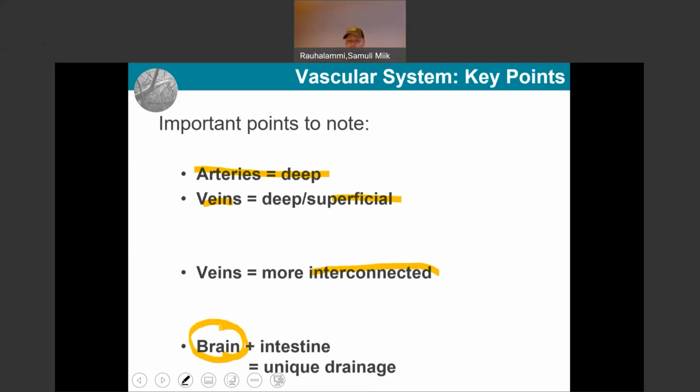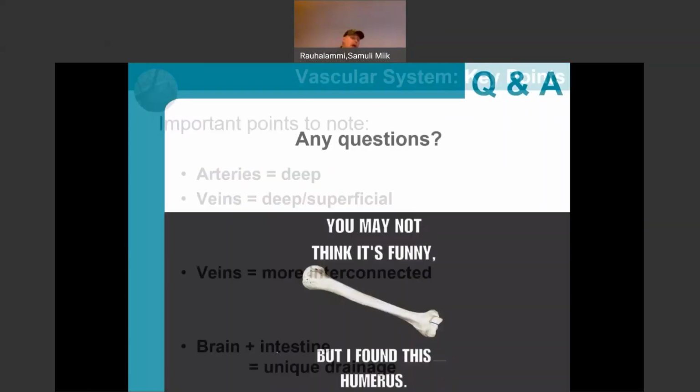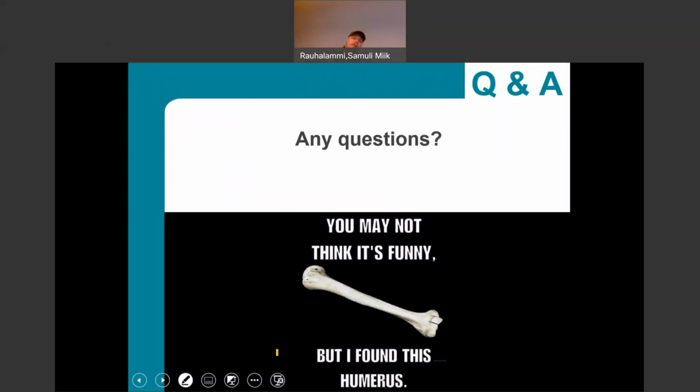And for the intestines, we remember that all the blood goes initially to the liver to store energy, otherwise your body would just end up burning off that energy like crazy. So those are the important things that I wanted to highlight from this chapter.